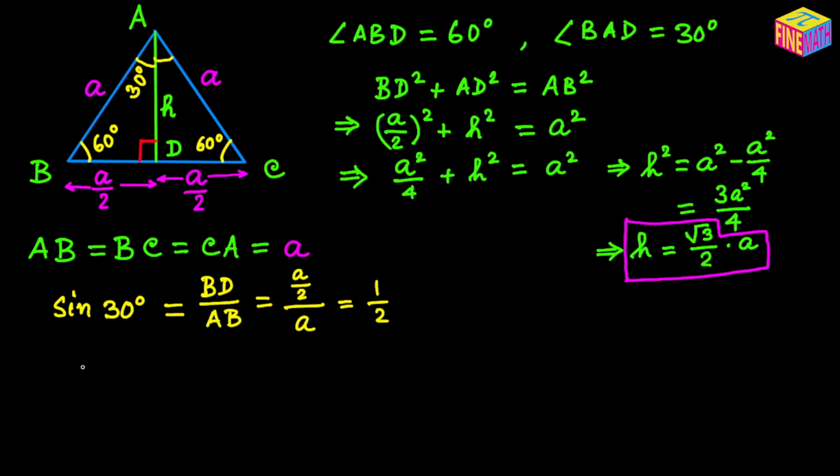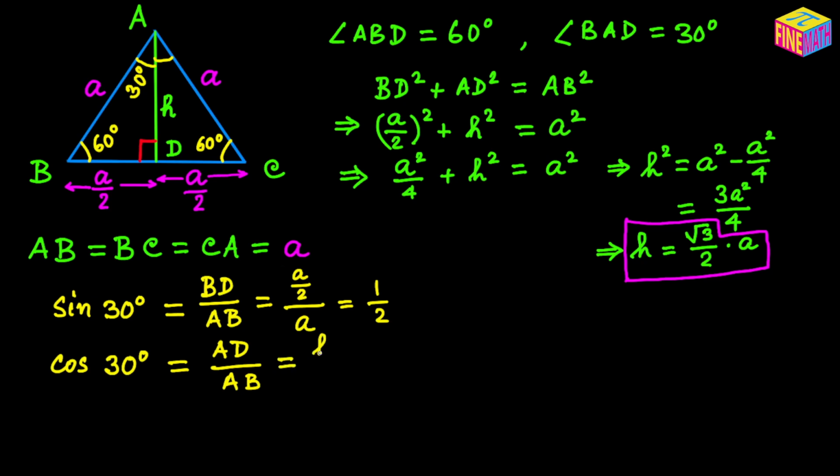Now let's do the cos 30 degree. So cos 30 degree will be the ratio of the adjacent side divided by hypotenuse. Now if you again look at the triangle ABD, the adjacent side of 30 degree is the AD side, and hypotenuse is AB. So it will be the ratio of AD divided by AB. And what is AD?